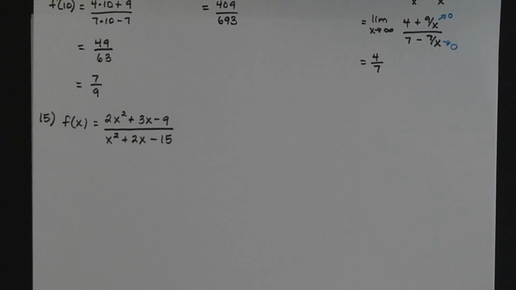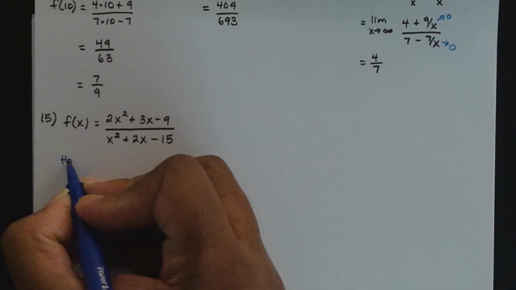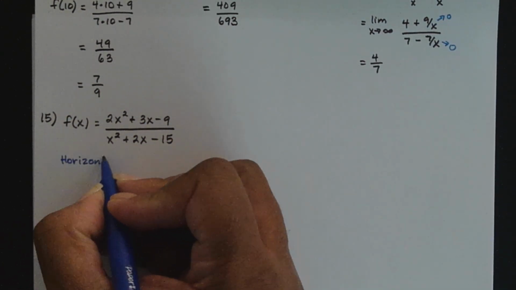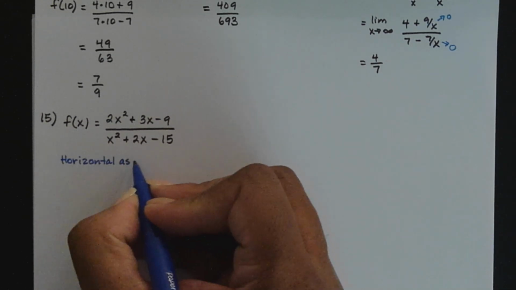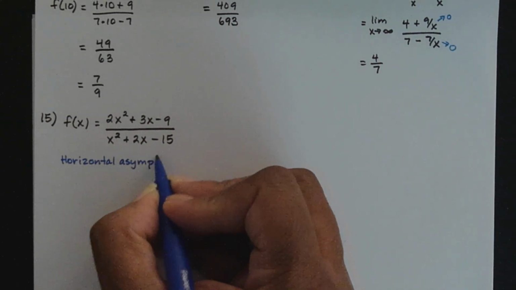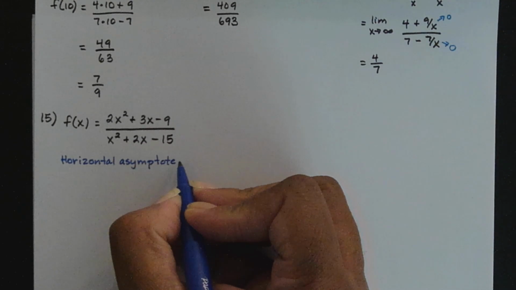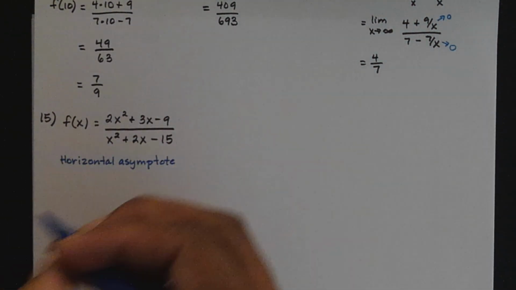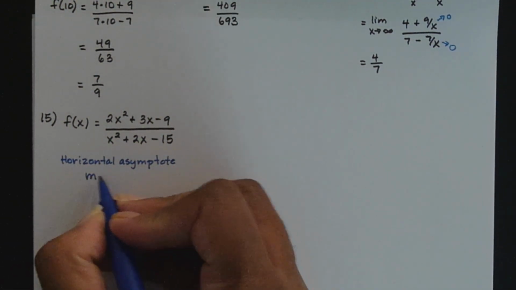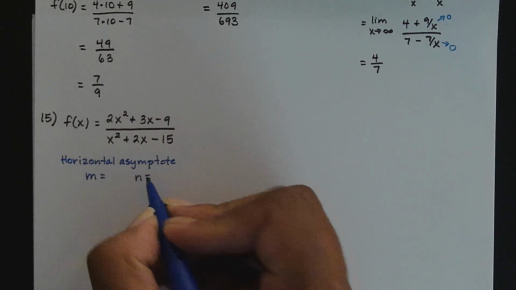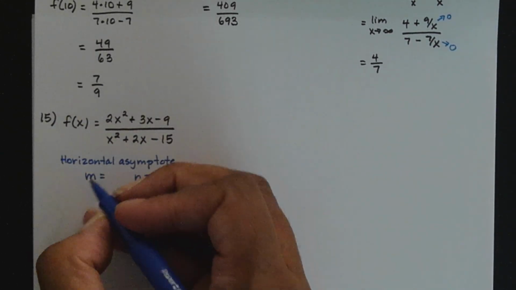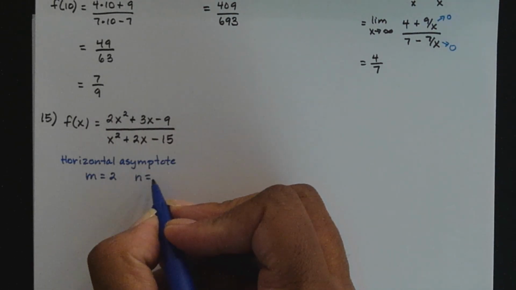All right, so let's start with the horizontal asymptote. And I'm going to identify two things, your m and n. M is the highest exponent in the numerator, which is what? 2.